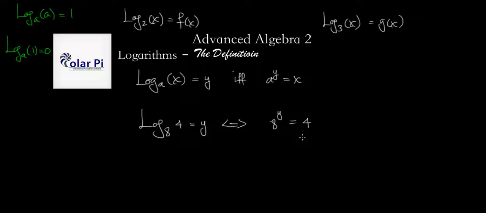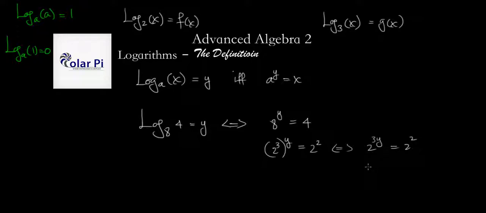Even though we can't do that, we can use the fact that both 8 and 4 can be written as powers of 2, so we can compare exponents. We write 8 as 2 to the third, and then we have 2 to the third, to the y, is equal to 2 squared. That means we have 2 to the 3y is equal to 2 squared.